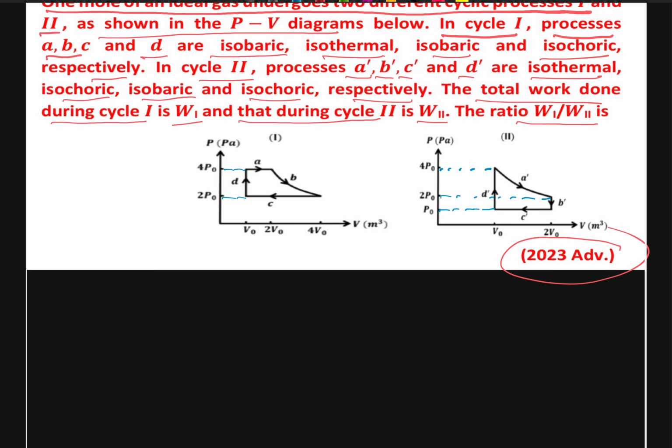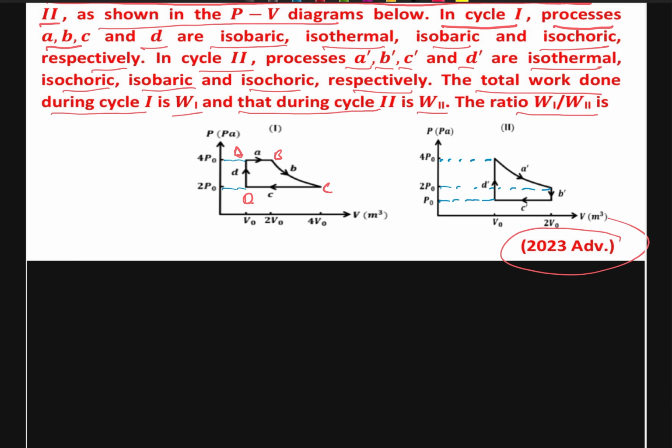Let us call these A, B, C and D, and let us call these P, Q, R and S. So we can write that the coordinate of A will be 4 P0, V0.